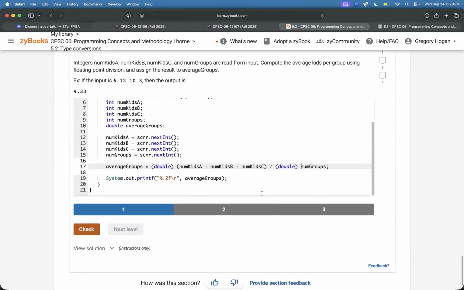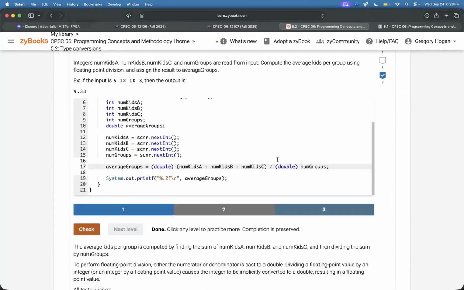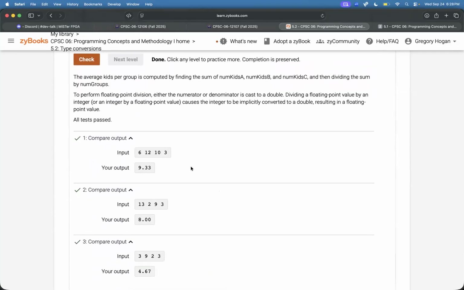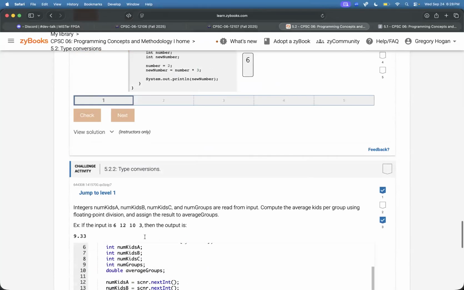So this will do it. So you have to know how to calculate an average, and then you have to know how to typecast to a double in this case. There we go. And we got it. So they checked it out and we did indeed get decimal values. So that's typecasting.